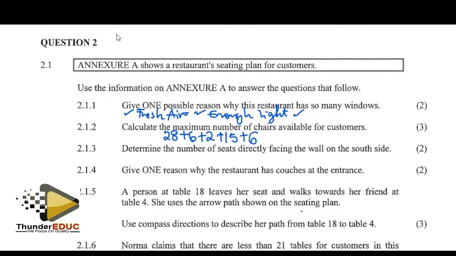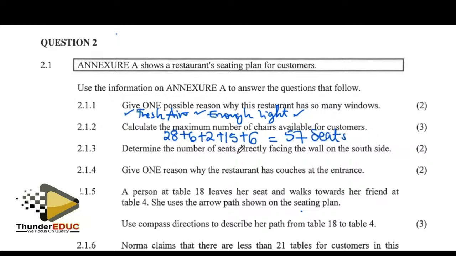It's just like this. So 28 plus 2, 36, plus 15 plus 6, you get 57. So we have 57 seats available for customers. 57 chairs, by the way.